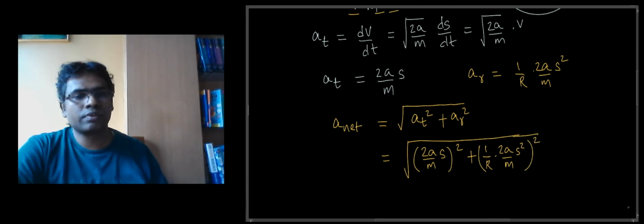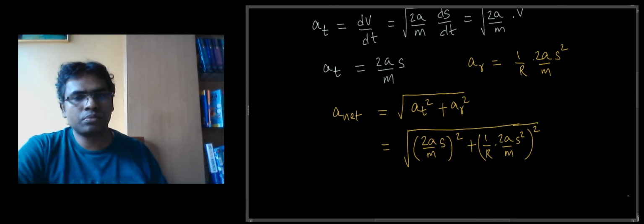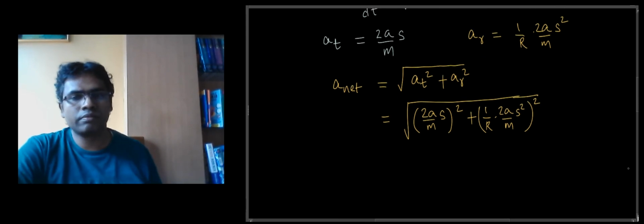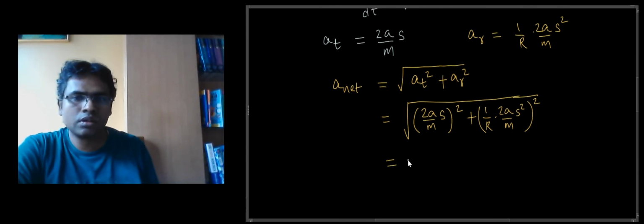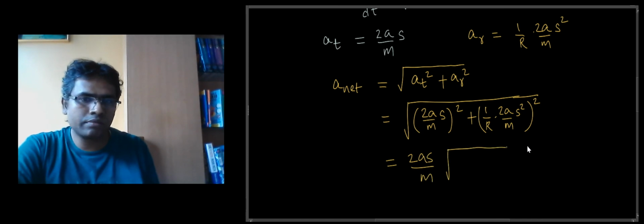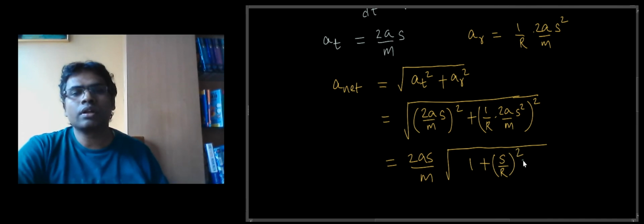From within the square root, if I pull out the common factor, which is 2as by m, inside I'll be left with 1 plus s over r, whole squared.